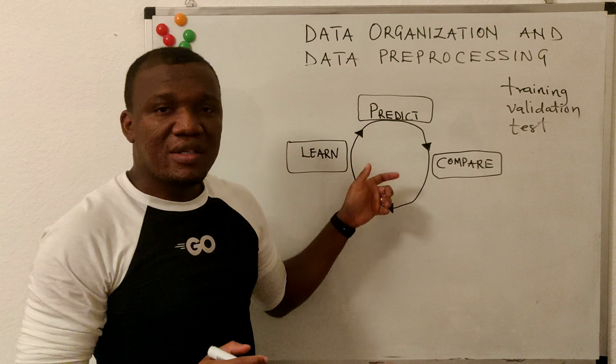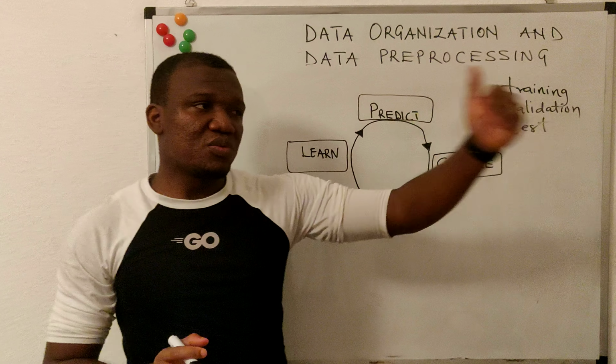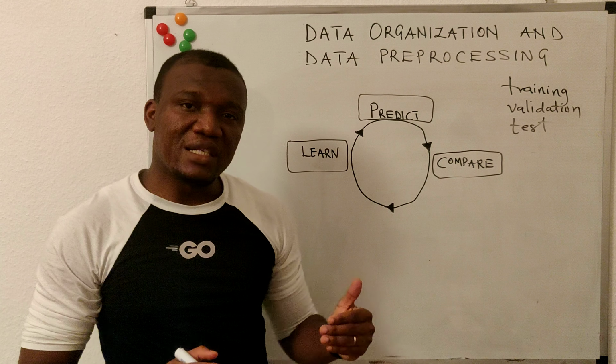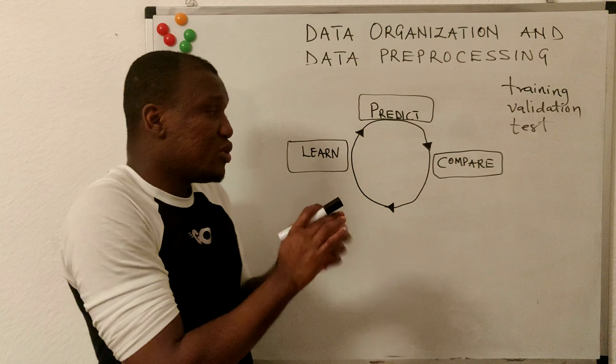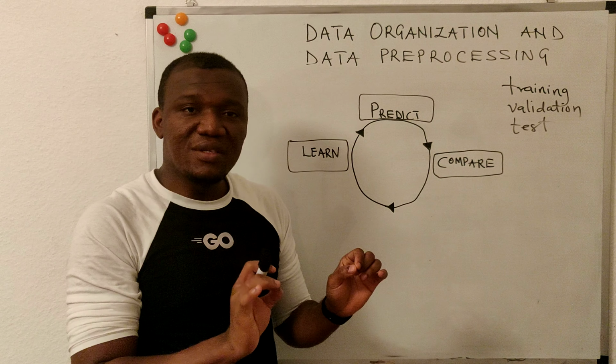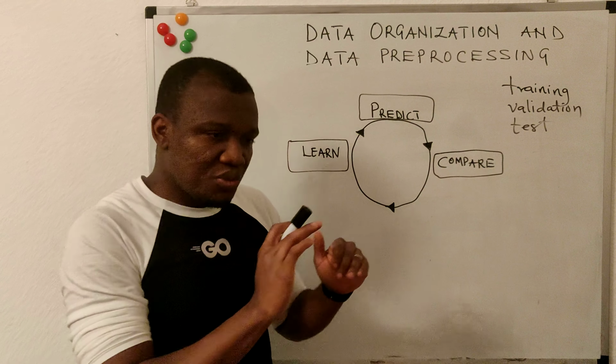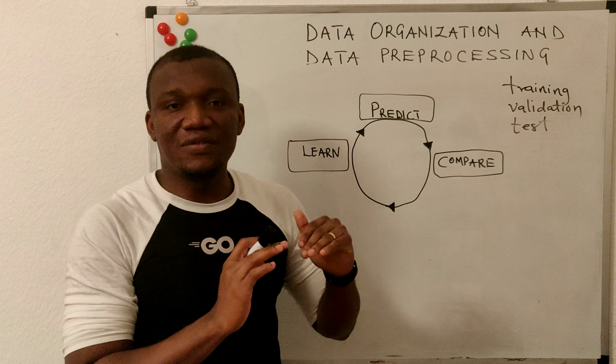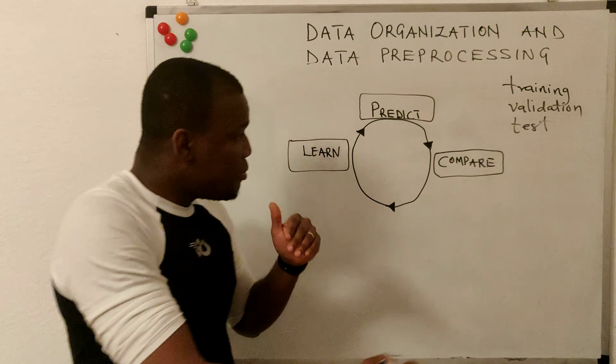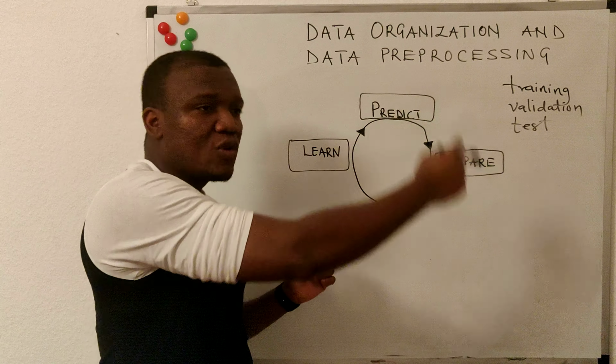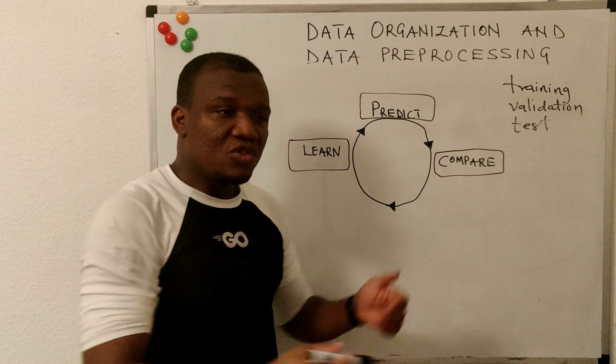When it does the comparison, it will know that this was supposed to be 1, I predicted -4, so I am way below. So it's going to make adjustments to certain weights such that next time it is going to predict a number that is higher than -4. So that by repeating this cycle, it will get closer and closer to the ground truth.